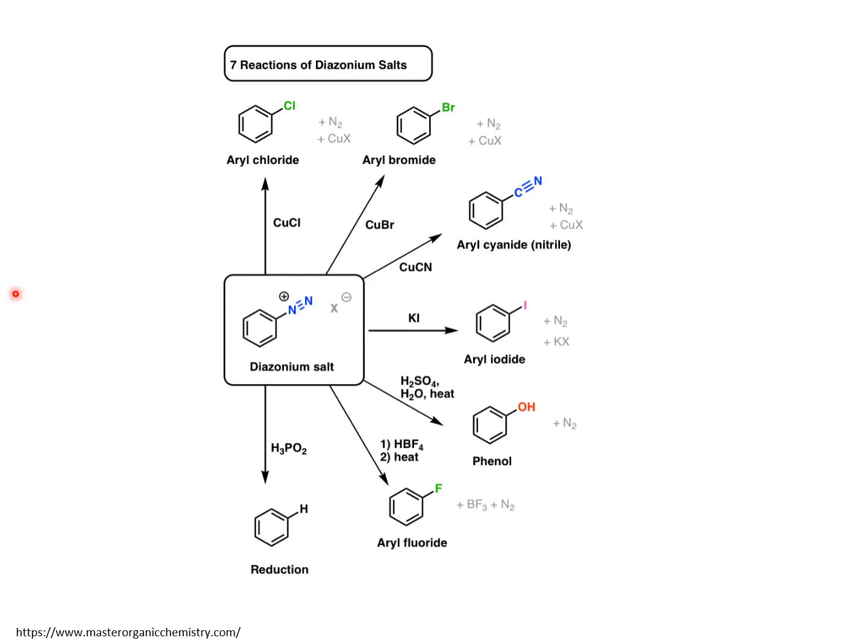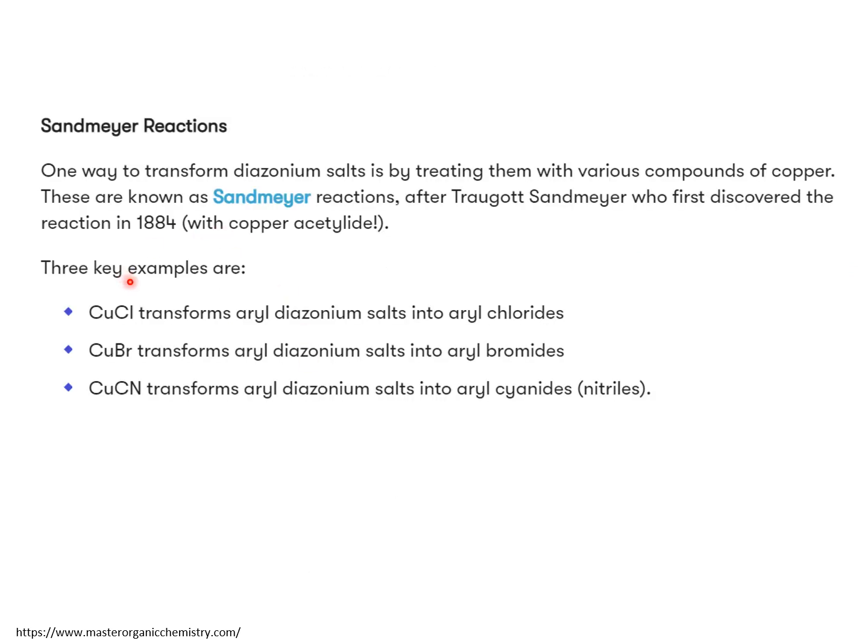Okay, these are among the reactions that diazonium salt can do. That particular reaction with diazonium salt is called the Sandmeyer reaction. So if you have copper chloride, it transforms diazonium salt into aryl chloride.